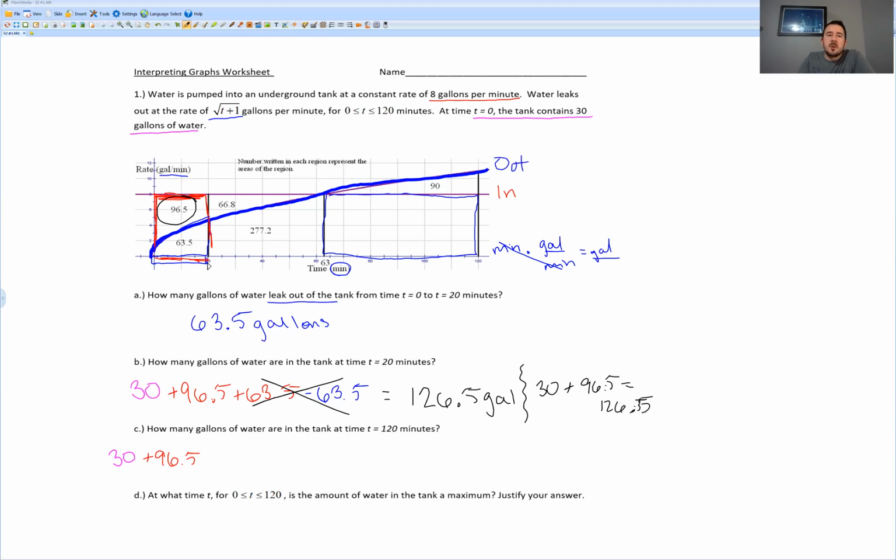Now if I look from 20 to 63, overall, there was a net gain. And I know that because this gain function from 20 to 63 is higher than the loss function, the blue function. So I'm going to add in this 66.8.